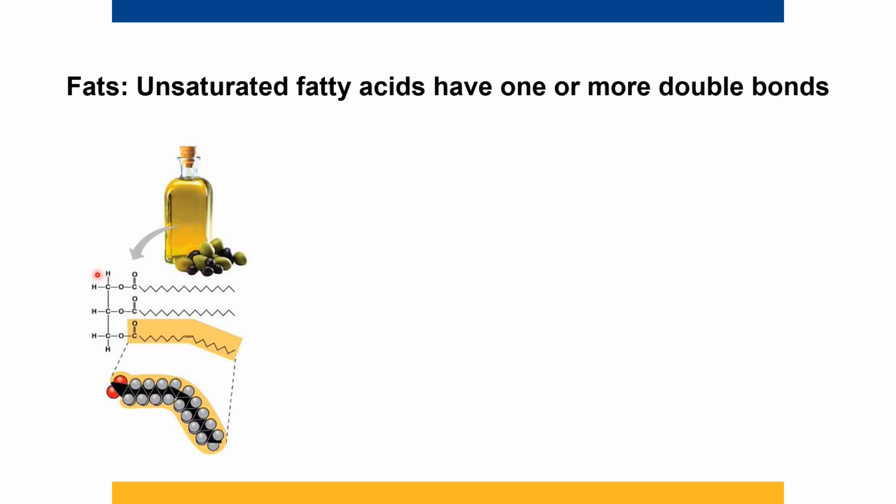In this graphic representation, this is the glycerol, and here you have the fatty acids, and these are saturated. However, this one in orange is unsaturated because it has this double bond. And as you can see in this space filling model of the oleic acid, there is a bending here due to the cis double bond.